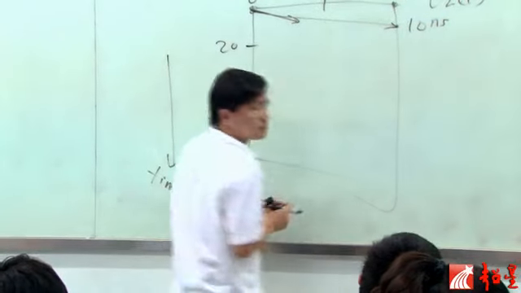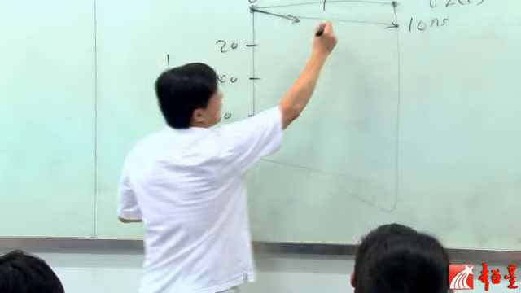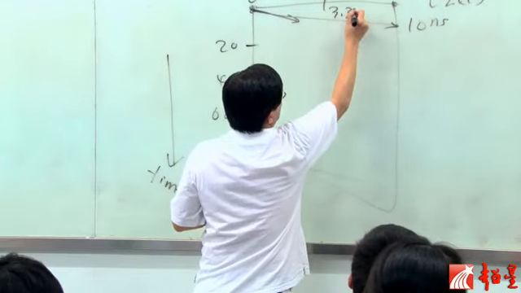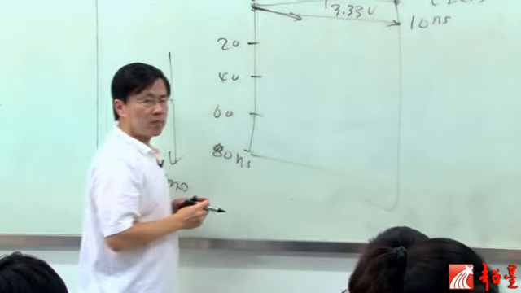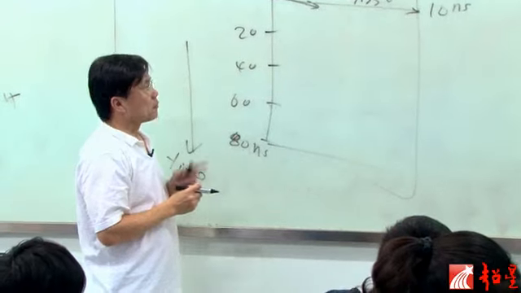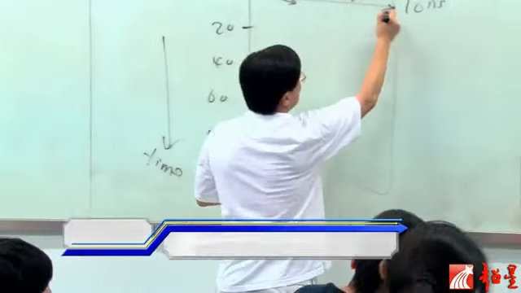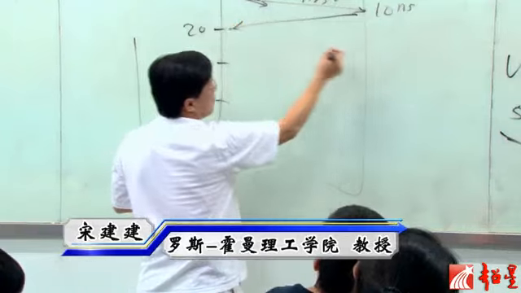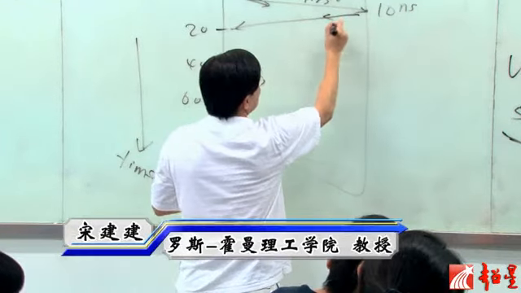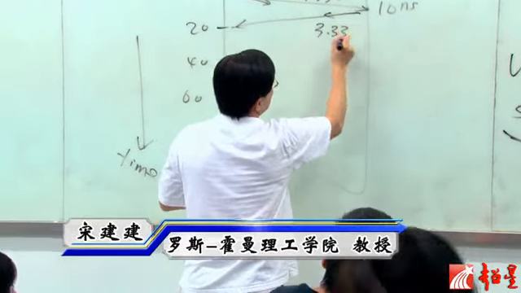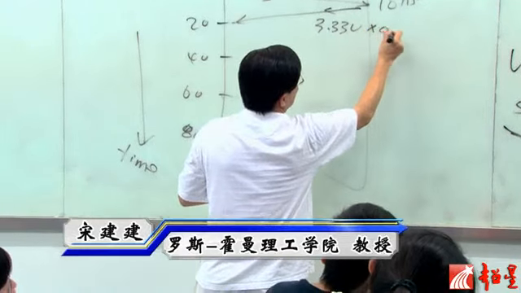That's 10 nanoseconds. And this wave is 3.33 volts. Once it hits that point, it's going to cause reflection. Okay? And that reflection is 3.33 volts times 0.89.